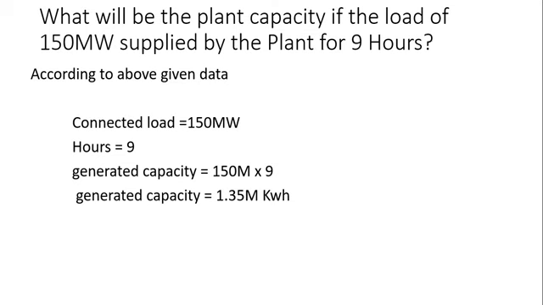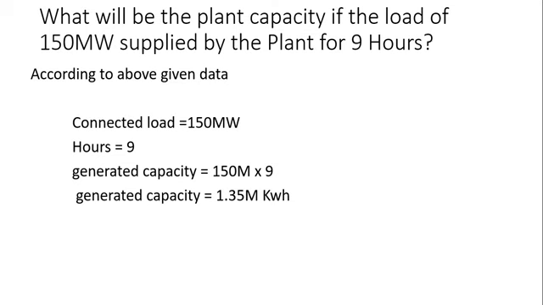So he is asking simply to multiply these two things and find the plant capacity in kilowatt hour. I have calculated it in this way, but if you have a better solution or better knowledge about this, please correct me in the comment section. I will appreciate your support.